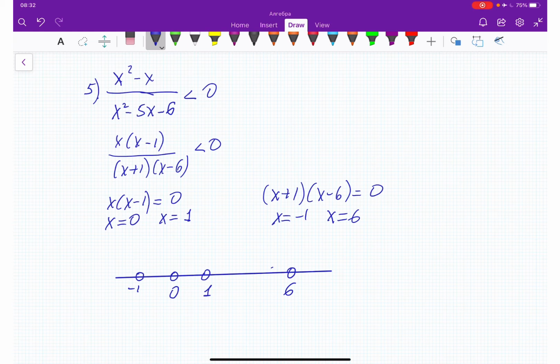So we're going to get this, this, this, this, and this one. Let's figure out.